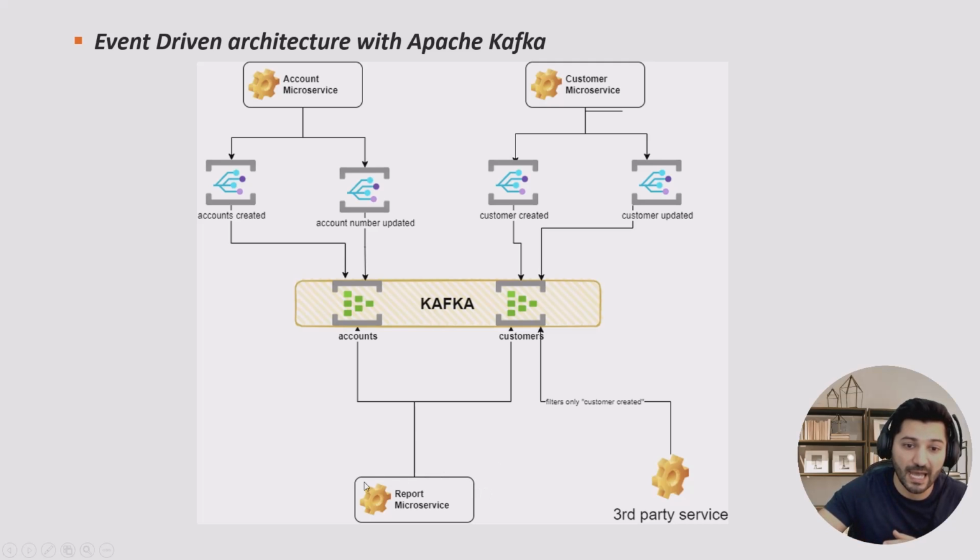And we have other microservices, for example a report microservice or a third-party service, that will consume data from Apache Kafka. So Apache Kafka in the middle acts as a loosely coupled layer for our microservices, and it is possible for us to create event-based asynchronous loosely coupled communication between our microservices using Apache Kafka.